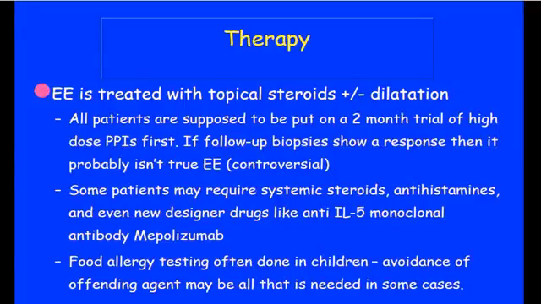But what's supposed to happen to these patients is that they're first put on a trial of high-dose proton pump inhibitors. These are people that are diagnosed with, quote, eosinophilic esophagitis by having greater than 15 eosinophils. They're put on high-dose proton pump inhibitors, and about 25 to 30% of these patients get better. And so they've called this proton pump inhibitor responsive eosinophilic esophagitis, to which I say, yeah, it's called reflux.